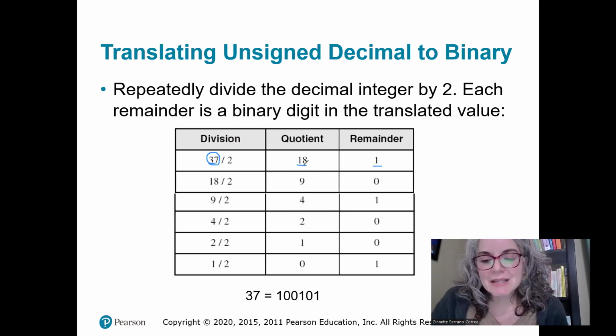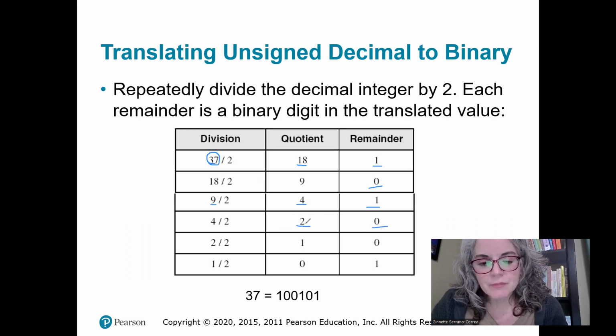Then you keep dividing the quotient until you get to 0. So 18 divided by 2 is 9, right? 9 times 2 is 18. Remainder 0. Then divide 9 by 2. 9 divided by 2 is 4. 4 times 2 is 8. Remainder 1. 4 divided by 2 is 2, because 2 times 2 is 4.